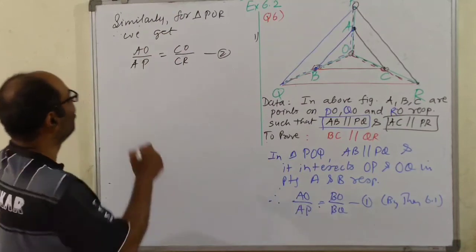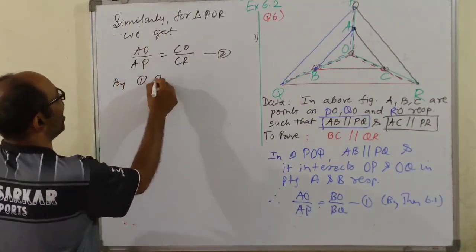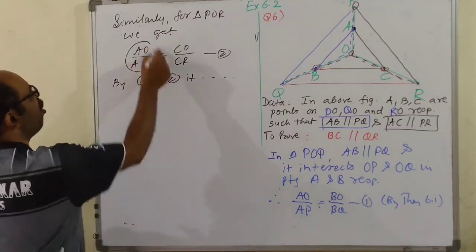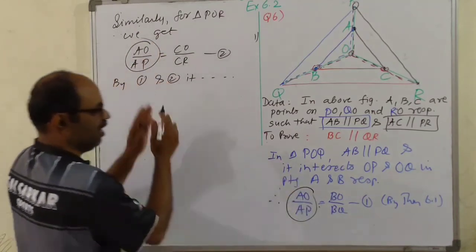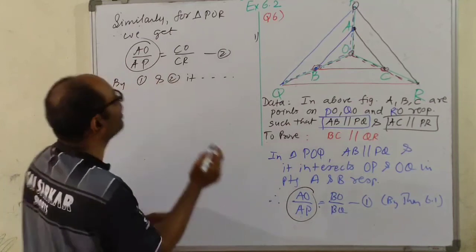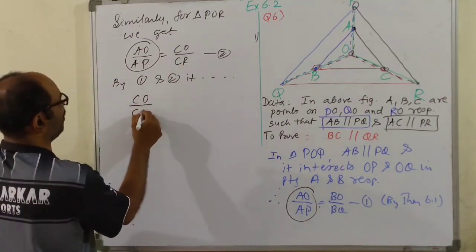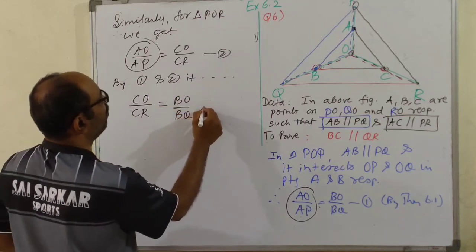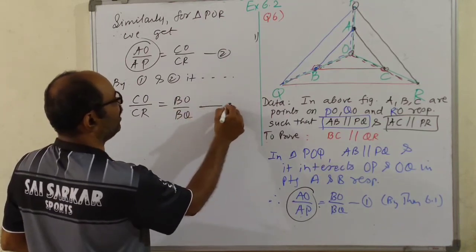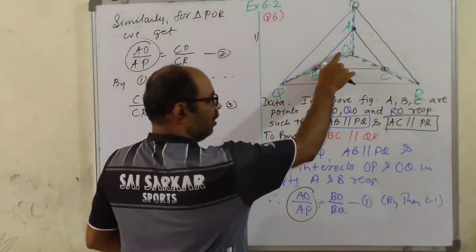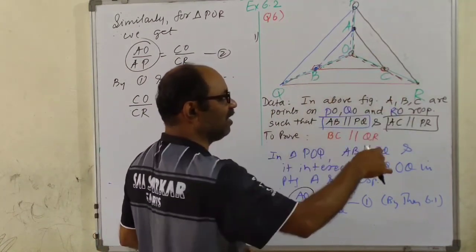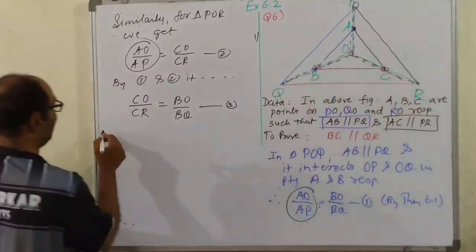Now by 1 and 2, it follows that, see this, AO upon AP, left hand sides are equal, so right hand sides are equal. CO upon CR is equal to BO upon BQ. Okay, result 3. BO upon BQ is equal to OC upon CR in this triangle.